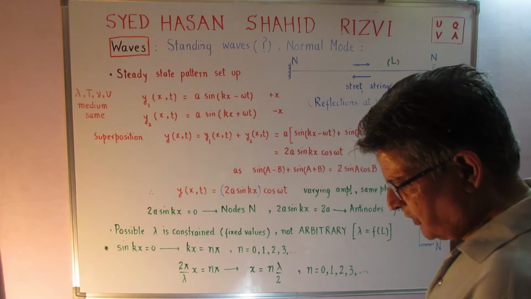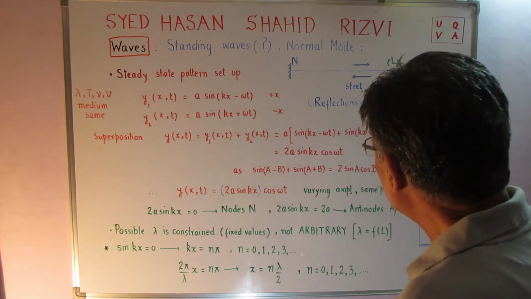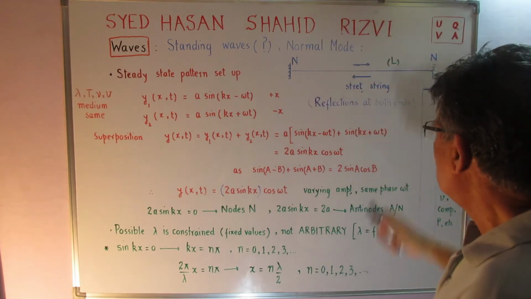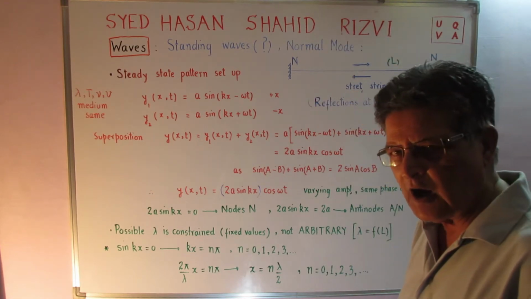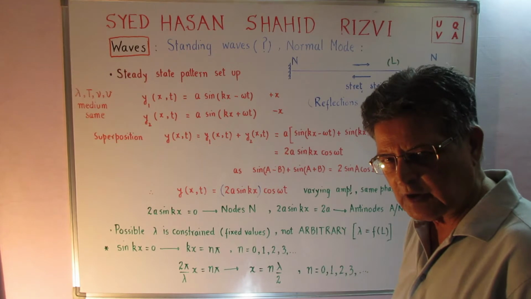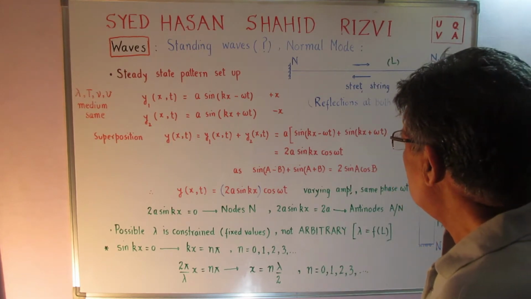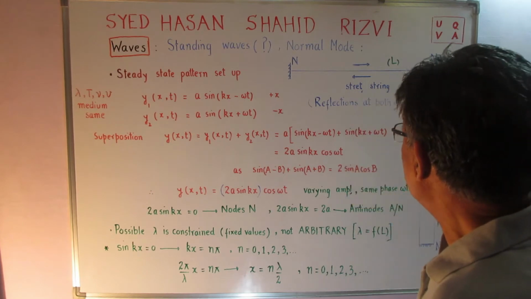The string has got the same linear density all over, so that the velocity all over is the same, because the velocity is given by the square root of tension upon mu.